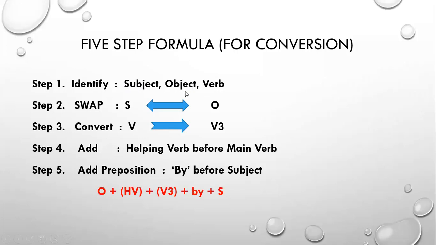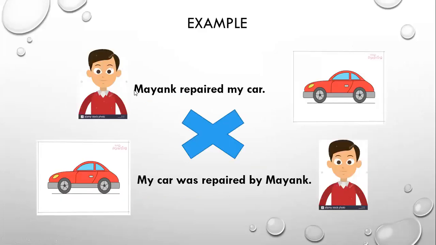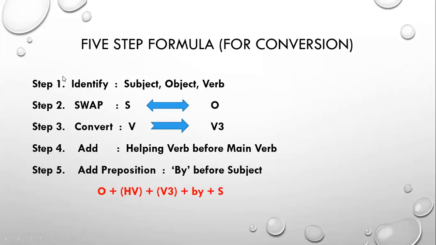Okay, if you just find this, for example, in this case, this is subject and this is verb and this is object, right? Now in step 2, swap subject to object, object to subject, means you are to swap the positions of both the things of subject and object.